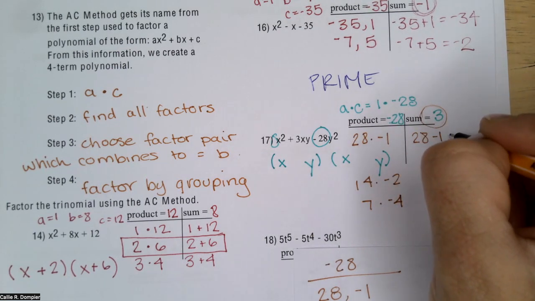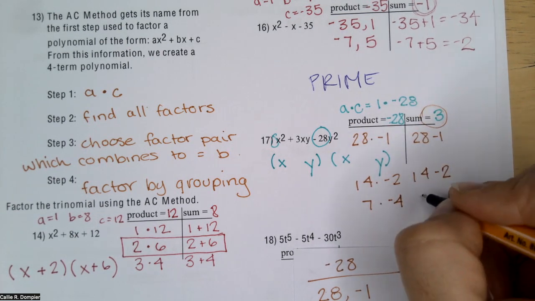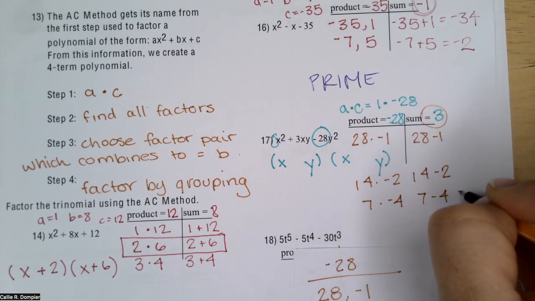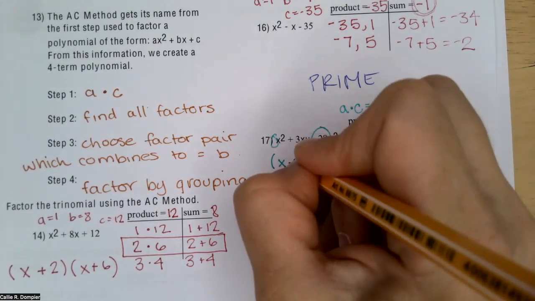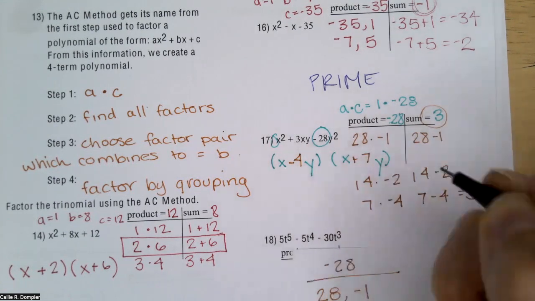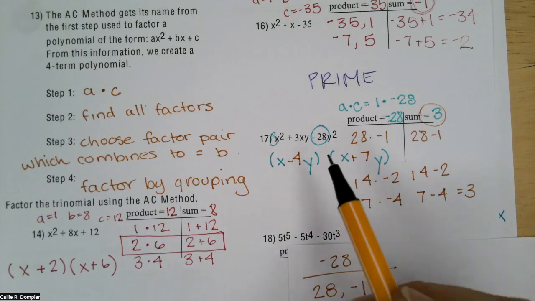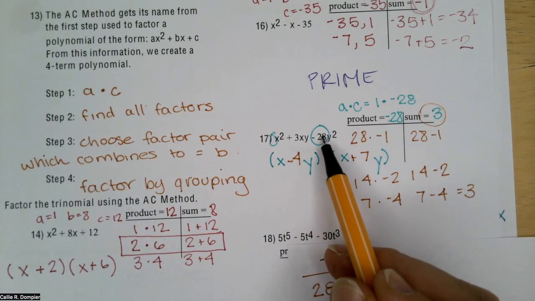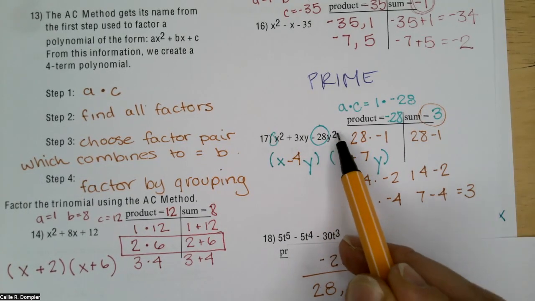28 minus 1 is not going to equal 3. 14 minus 2 is not going to equal 3, but 7 minus 4 will equal 3. So I'm going to say that's x minus 4y times x plus 7y. Right? So I said it needs to multiply to negative 28y squared.